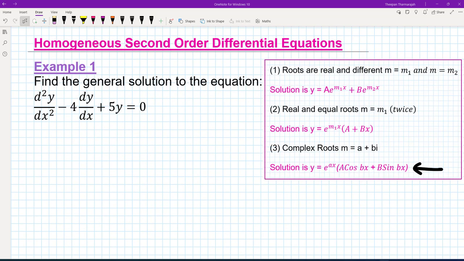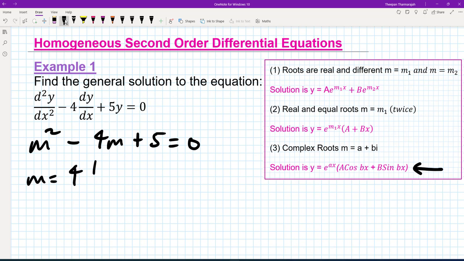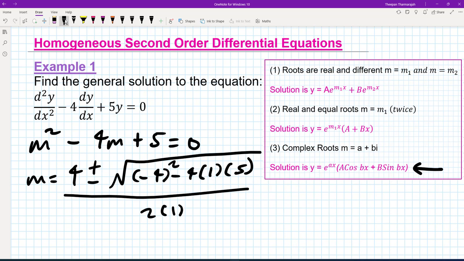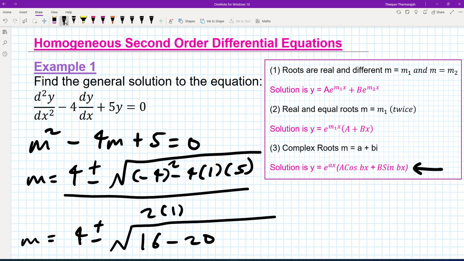Here's a question for you to try. You can pause the video, and when you're done, I will go through my worked solution. So, welcome back. We've got m squared minus 4m plus 5 equals 0. Solving the quadratic, we get m equals 4 plus or minus the square root of (minus 4 squared minus 4 times 1 times 5), all over 2 times 1. So I get 4 plus or minus the square root of 16 minus 20, all over 2.